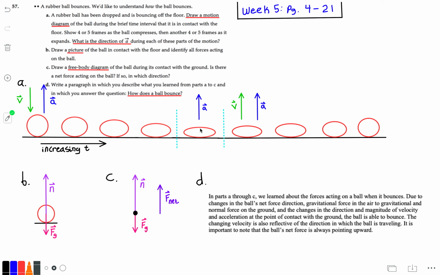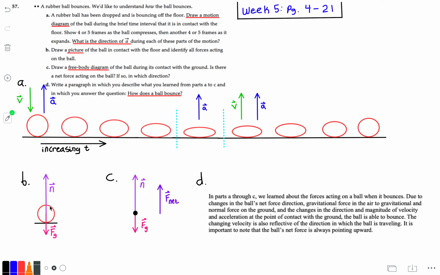It's getting wider and wider until it reaches this point where velocity equals 0 and there is positive acceleration. And then from here on out, there is a positive velocity as well as a positive acceleration vector, both in the y direction.